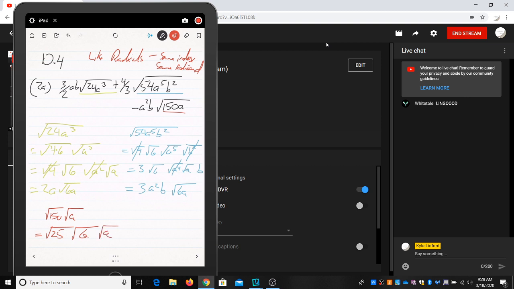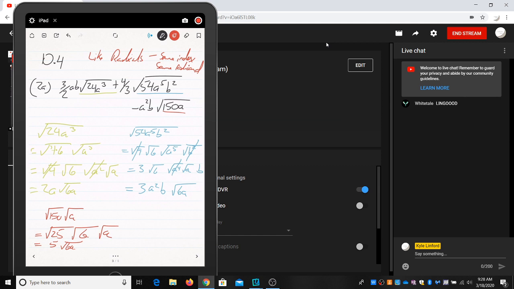So the square root of 25 simplifies to a 5, and then 6 and a combined together. So again, we have another like radicand. We have the square root of 6a. So in fact, this problem can be combined together. Don't go and just, all of a sudden, say, oh, they can't combine together. Definitely have to check. You have to make sure that the things, when simplified, can in fact be combined, or if they can't be combined.